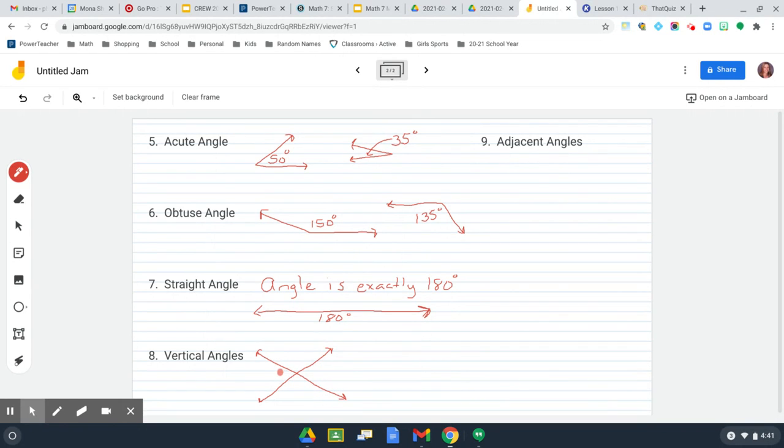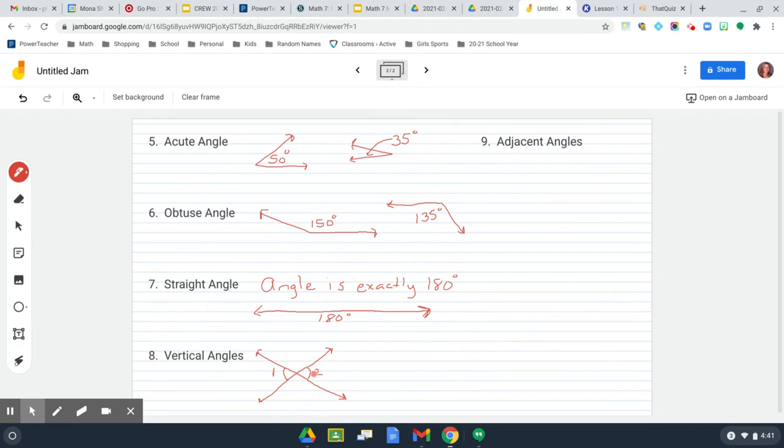And let's say this is angle 1, and this is angle 2. So they're opposite angles formed by the intersection of two lines. Here's two lines that are intersected.